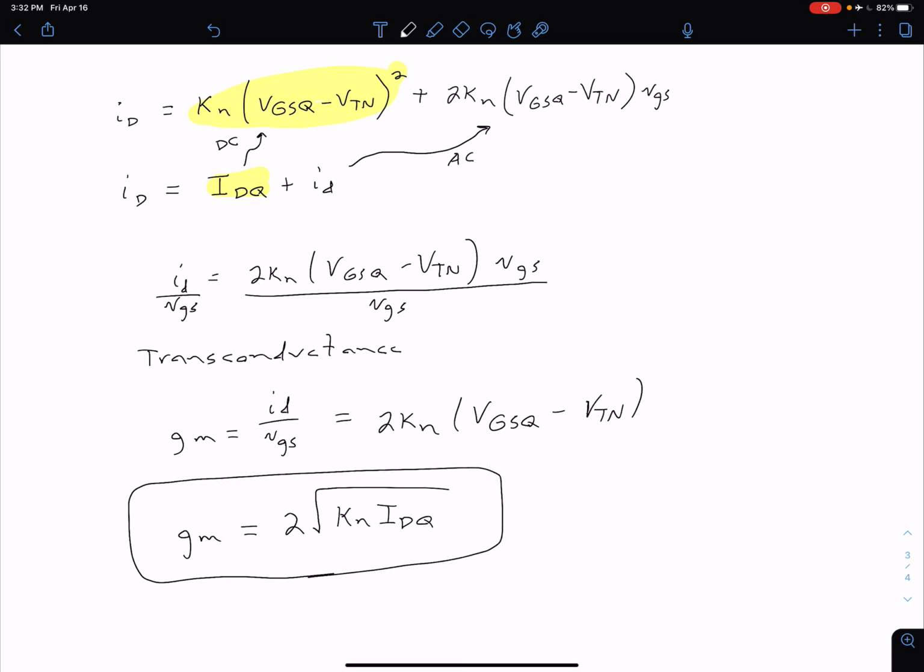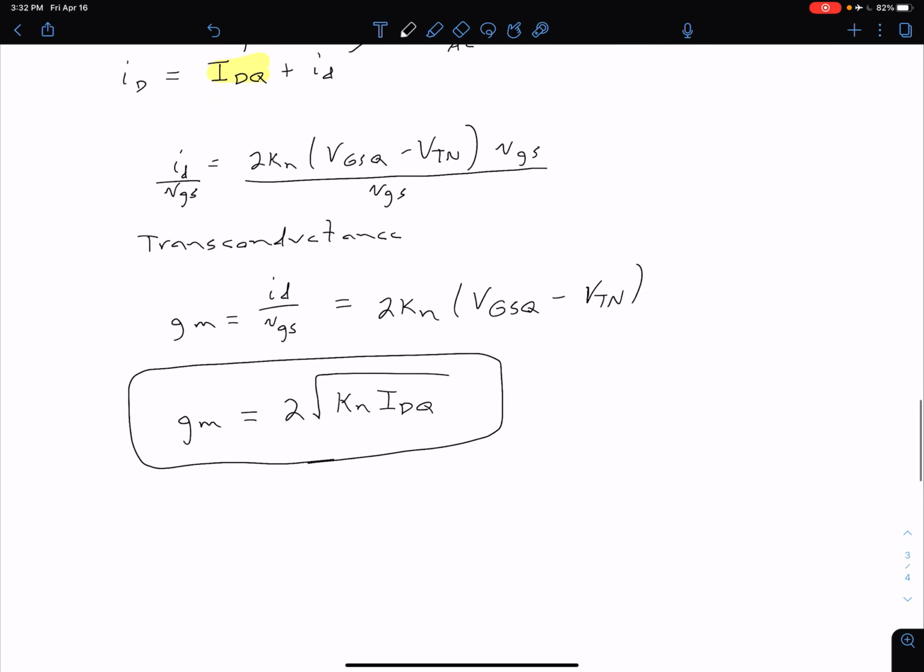That's a little bit easier to see if we come up to this expression and multiply by Kn, we're basically squaring that. So the square root of that is going to be Kn times our VGSQ minus VTN, and then we have the 2 out front. Let me get rid of that 2 up there so we don't mistake that for part of our original equation.